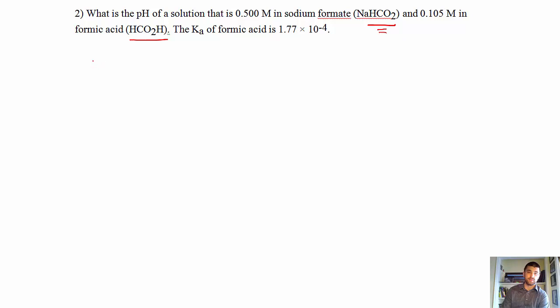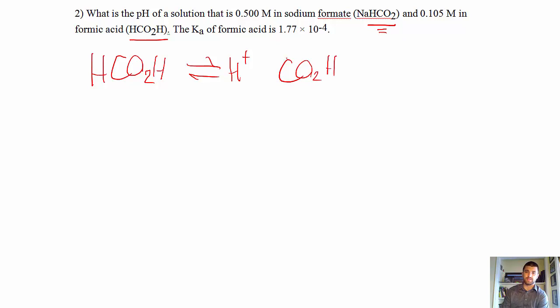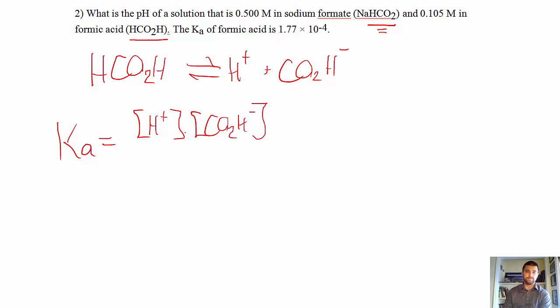So let's talk about the acid, right? We would start with HCO2H, and it's going to dissociate to give us H⁺ and the CO2H⁻. So our Ka expression is going to be the concentration of H⁺ times the concentration of the CO2H⁻ all over the HCO2H concentration.